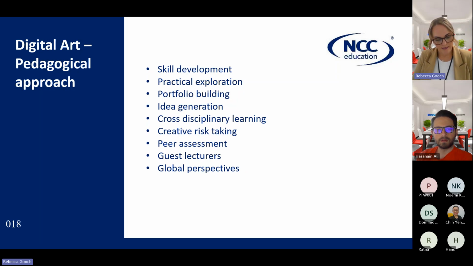I'm really looking at global perspectives as well, and the global approach of the cultural and contextual awareness of what they're producing in their portfolio.